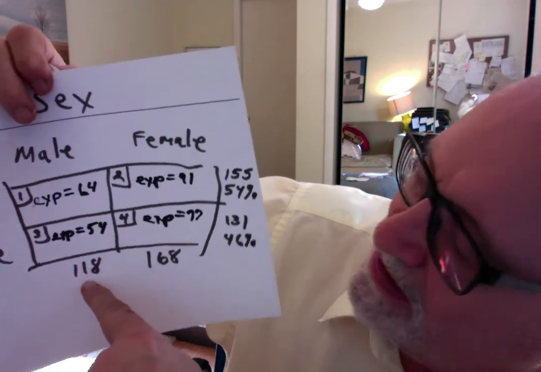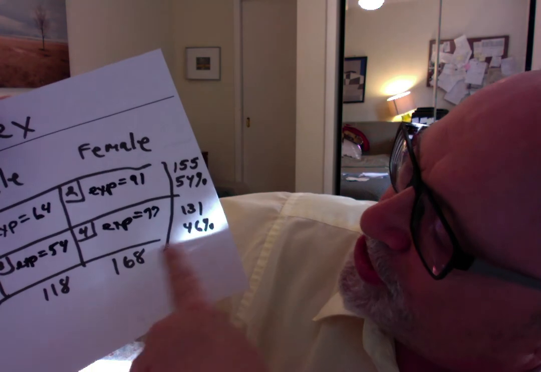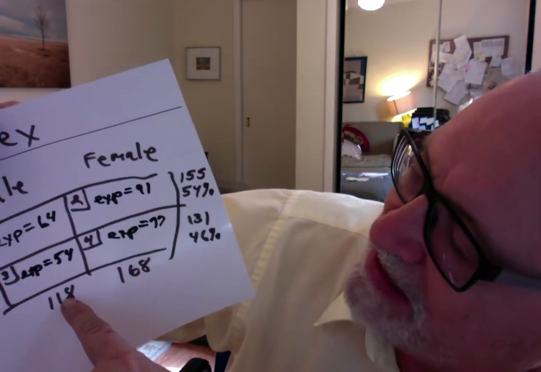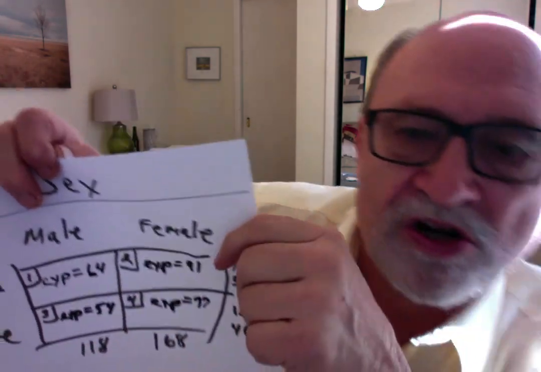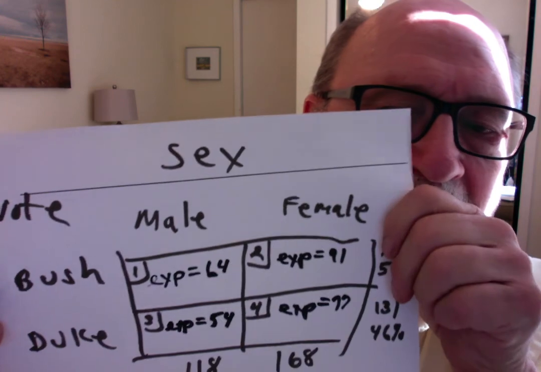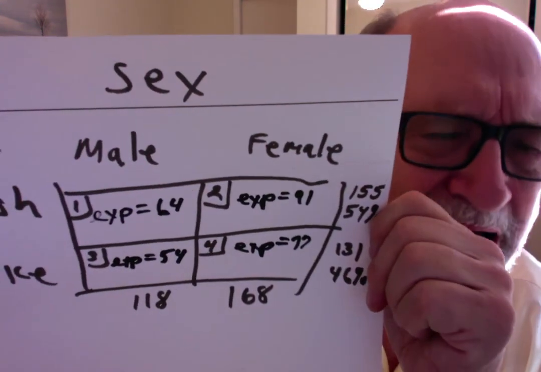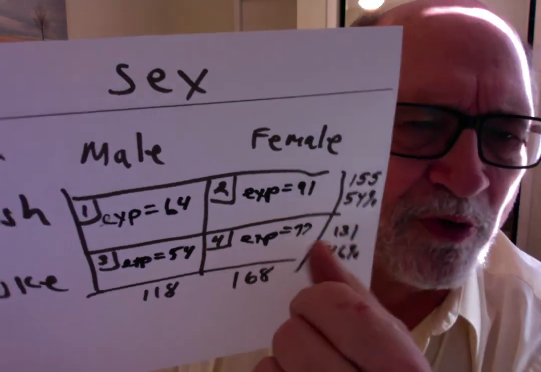There are 118 males here. If the null hypothesis is true, we should expect 46% of those 118 males to be Dukakis voters, and that would be 54. So think in your minds, where did we get those expected values? It answers the question: expected if the null hypothesis is true, and you do the calculation in that way.